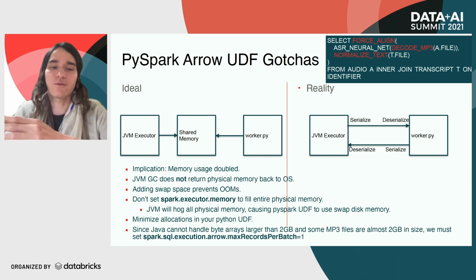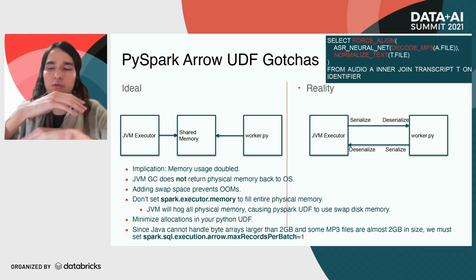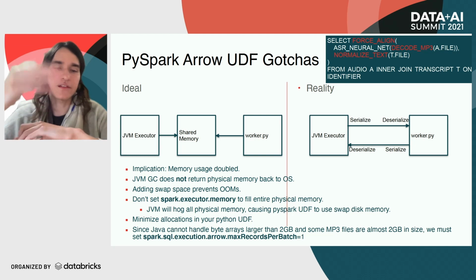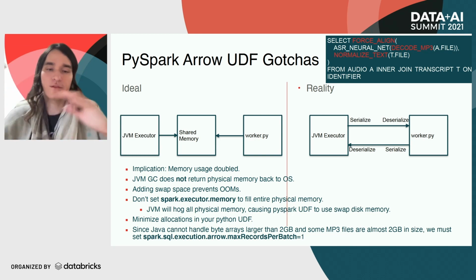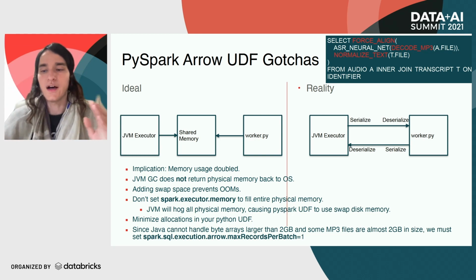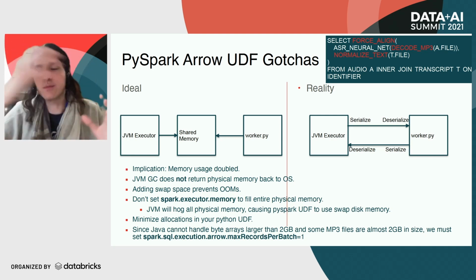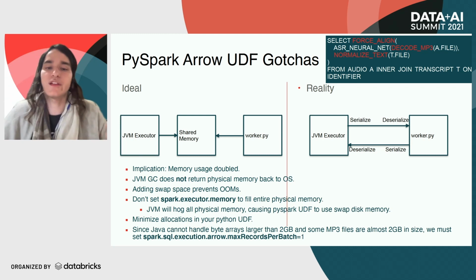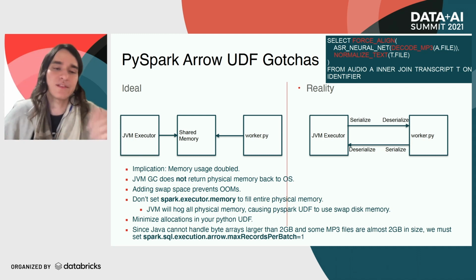But you're going to want to add swap space to deal with possible memory over-allocation happening between the Python and Java side. Also, usually you set spark.executor.memory to fill the entire physical memory of your machine. Well, actually, that multiplied by the number of executors on a machine. You want that to fill almost the entire physical memory, maybe like 90% of it.